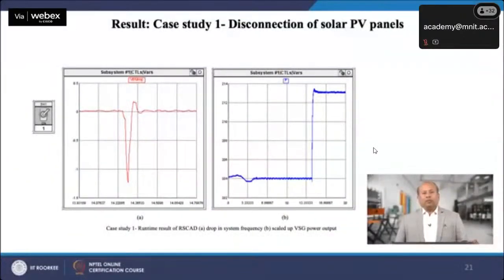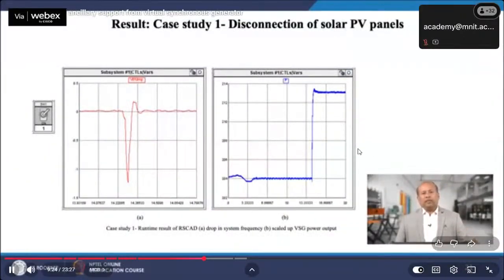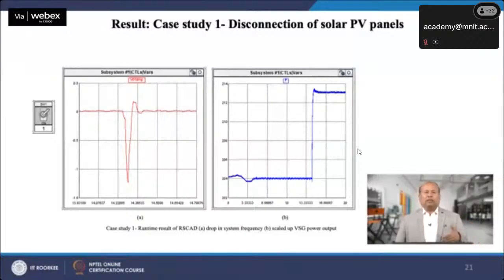In runtime, it can also be observed that the frequency is stabilized to its nominal value after undergoing a drop of around 1.1 hertz, as you could see from the diagrams, due to reduction in power availability in the system. This is possible since the VSG increases its output, as shown in runtime, to provide inertial and primary frequency response.